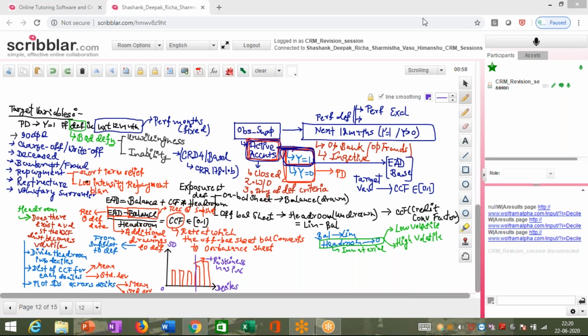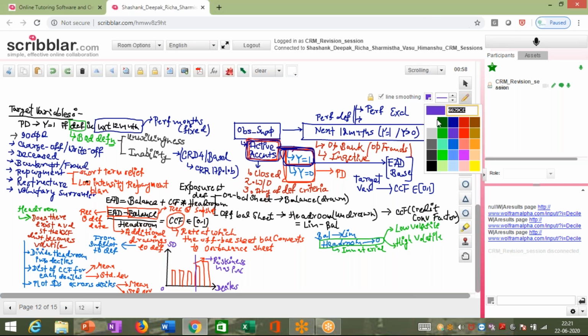So what we are going to do is use an alternate definition. In that case, your CCF definition gets divided into two parts. One is CCF1 in this zone.